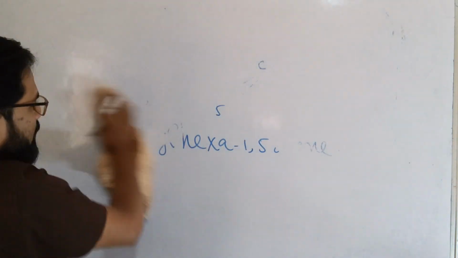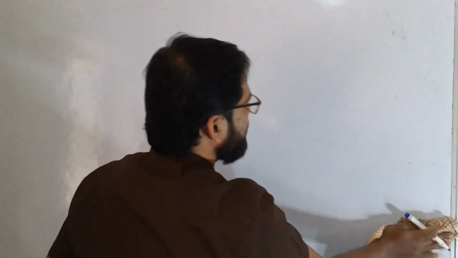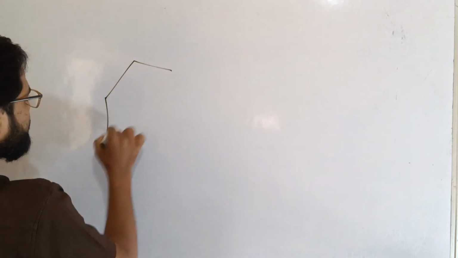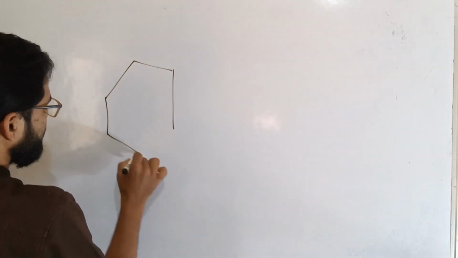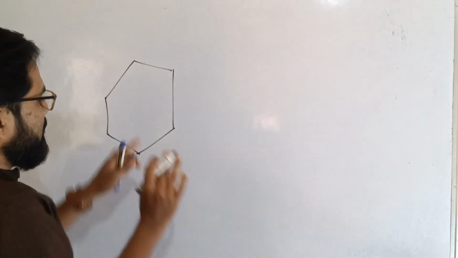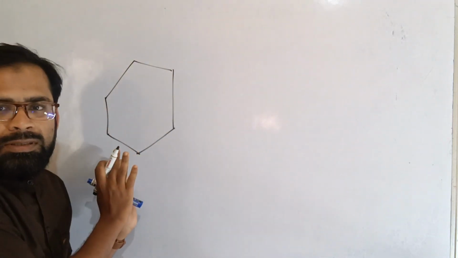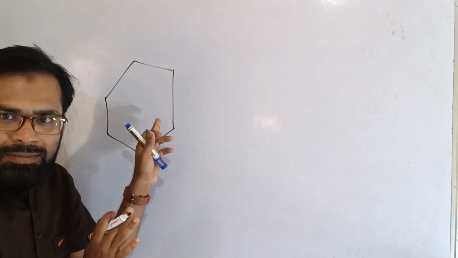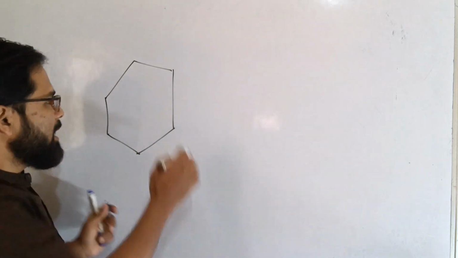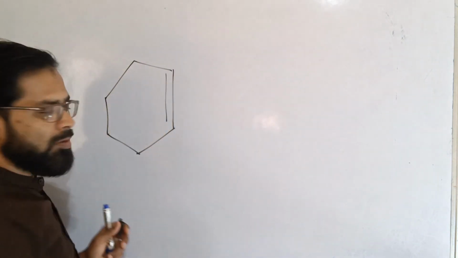If we observe the cycloalkene, what will be the name for a cycloalkene? Just tell me what will be the name of the cycloalkane. That is cyclohexane because of 6 carbons. So in case of alkane, that will be cyclohexane. If I put a double bond here, what will be the name?